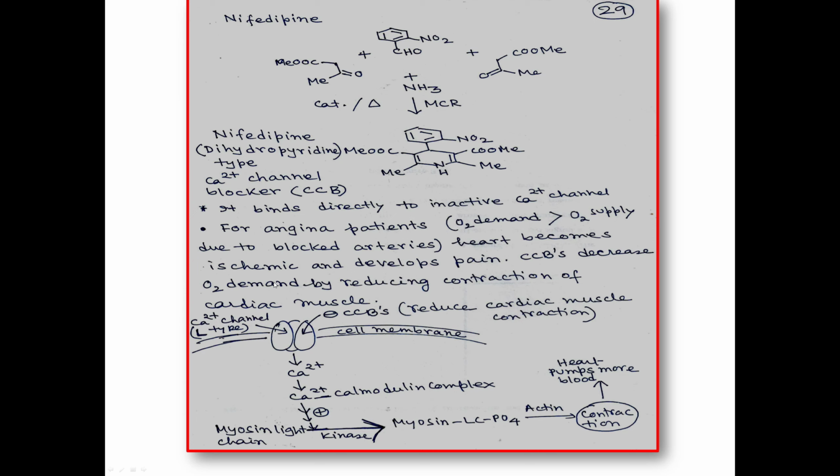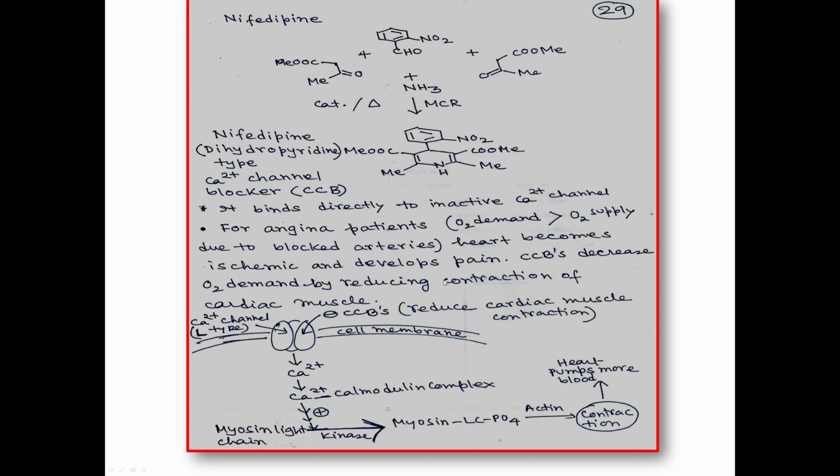So the heart becomes ischemic heart disease, meaning it tries to squeeze more blood so that they will have enough oxygen, and develops pain because they have already blocked arteries. So these calcium channel blockers decrease oxygen demand by reducing muscle contraction.